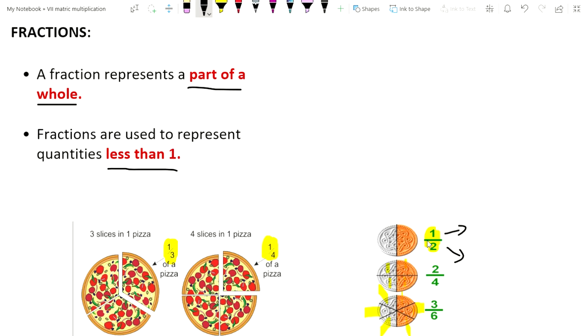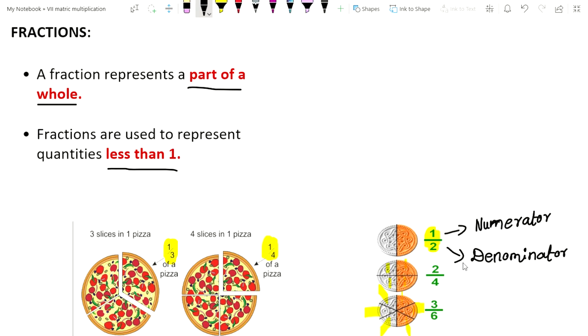See here. This is the fraction bar. This line represents the fraction bar. Above the fraction bar is called the numerator.